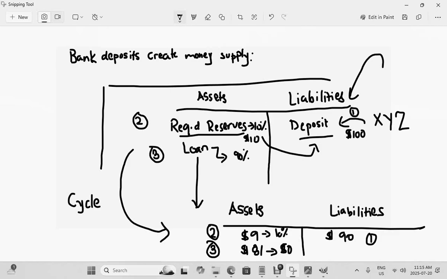However, a single deposit was able to create an excess money supply. The deposit may have been $100, but the money supply will be more than $100. So if you have $100 over here and $90 in here, the total money supply will be $190. This is your money supply that grows the economy within a country.